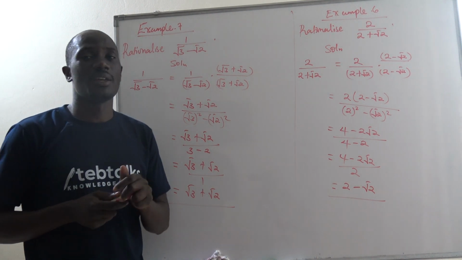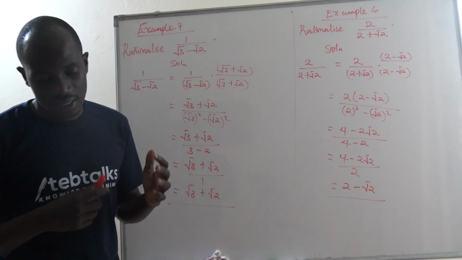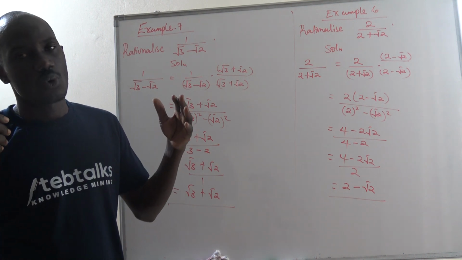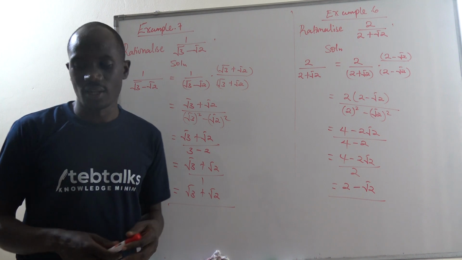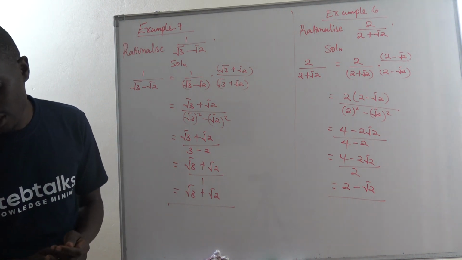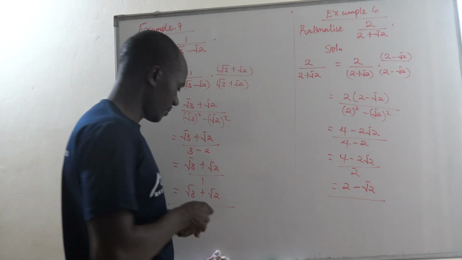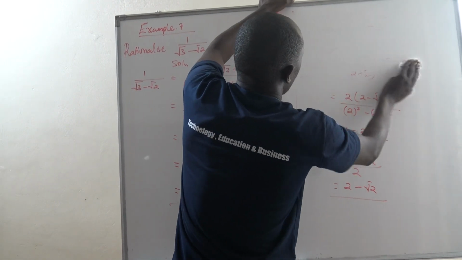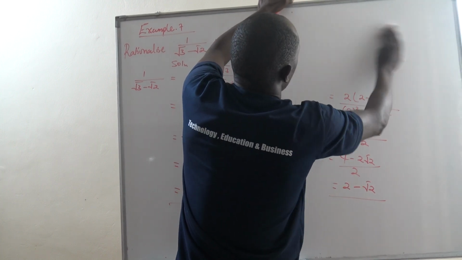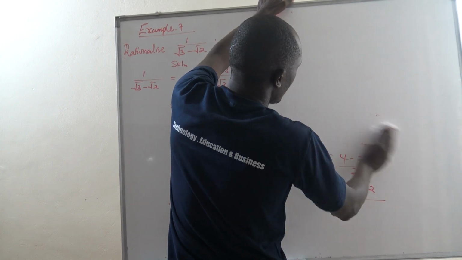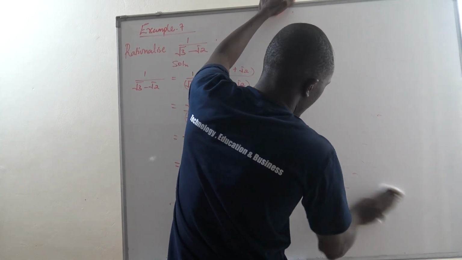Then you are going to another example, that is example 8, which we want to do together, which goes: rationalize root 5 plus root 3 all over.